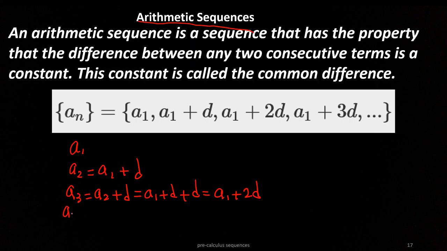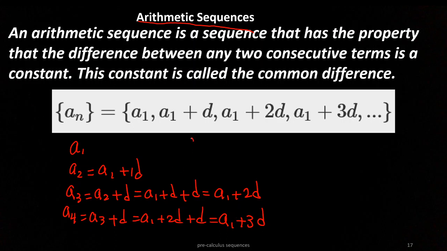And then A4 is going to be A3 plus D, but we know A3 is what? A1 plus 2D, and then another D, so that's A1 plus 3D. So you see the pattern? The second term, I have to add 1D to the first term. The third term, I add 2Ds to the first term. And then A4, I have to add 3Ds to the first term.